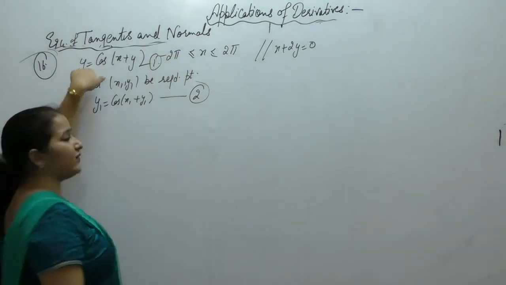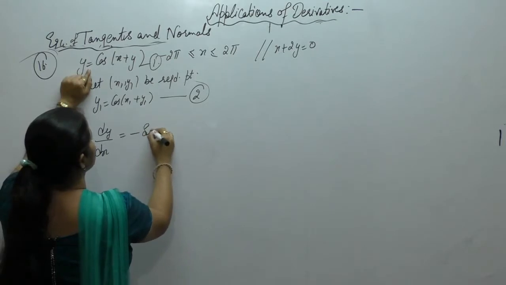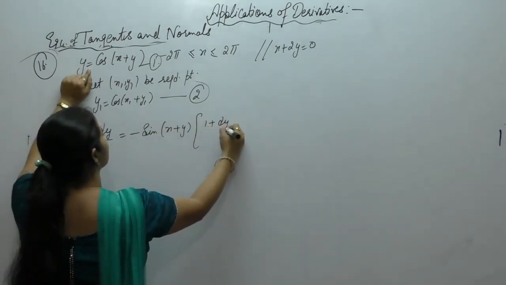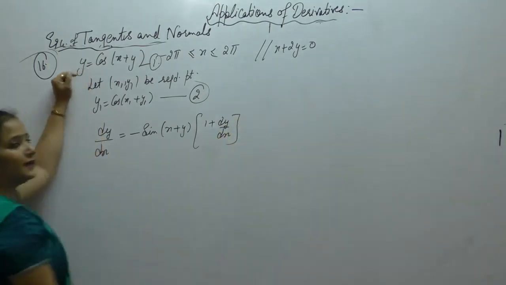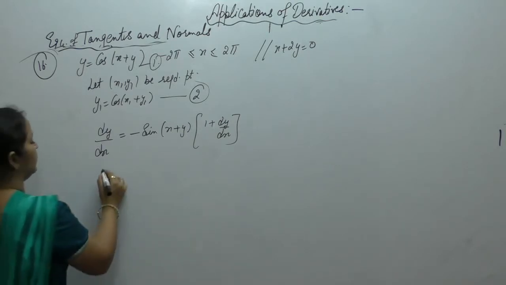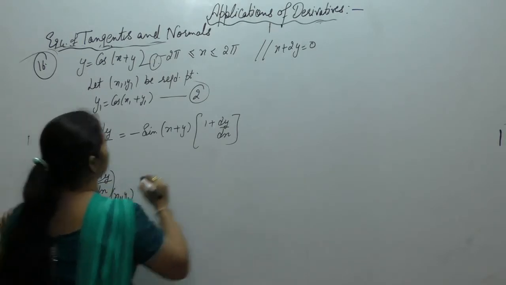Now differentiate 1 with respect to x. Derivative of cos is minus sine. Derivative of x is 1, of y is dy upon dx. Is it clear? Now we want to find the value of dy upon dx at (x1, y1).